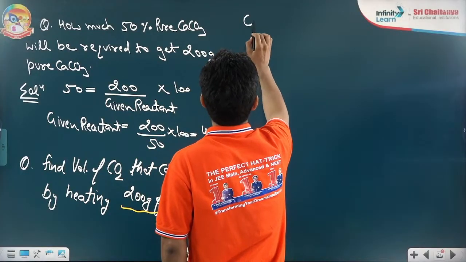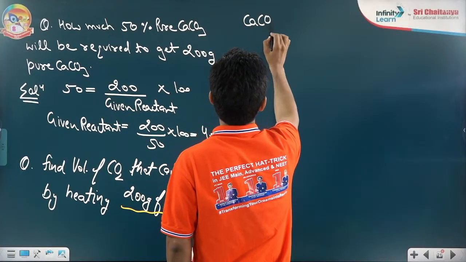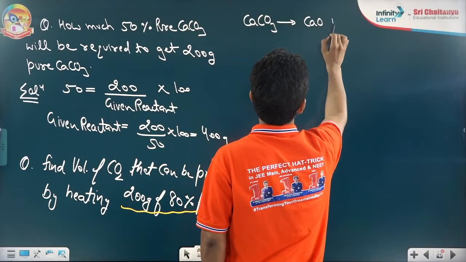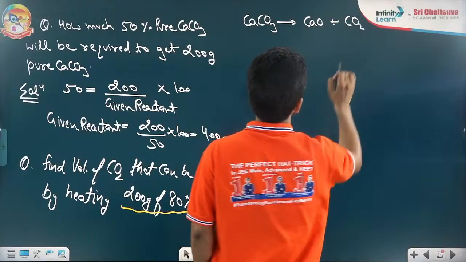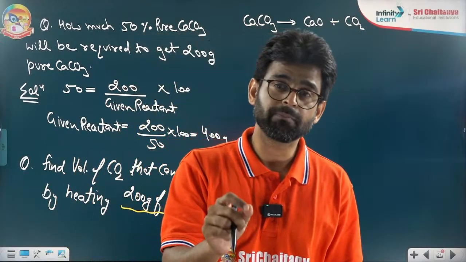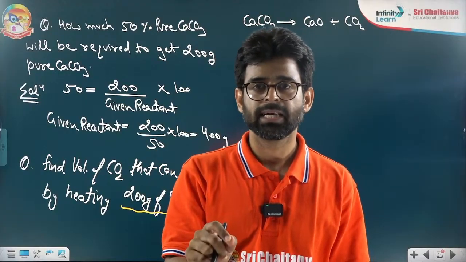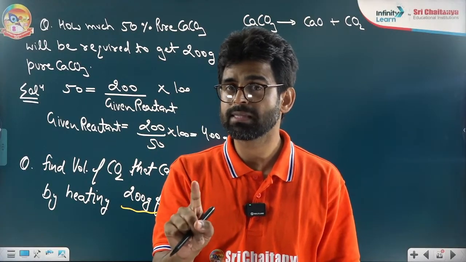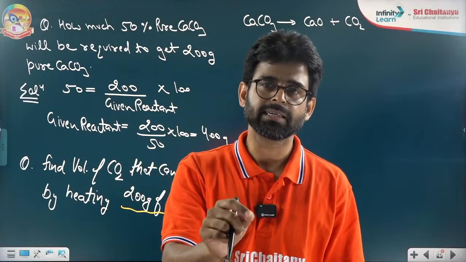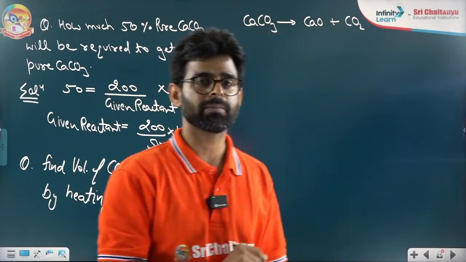If you are not clear about reaction, I am writing CaCO3 gives us what? CO2. Before applying the stoichiometry, first of all, find the pure amount of CaCO3. Impure amount will not give us the product. Pure amount of reactant I need to apply the stoichiometric concept here, right?